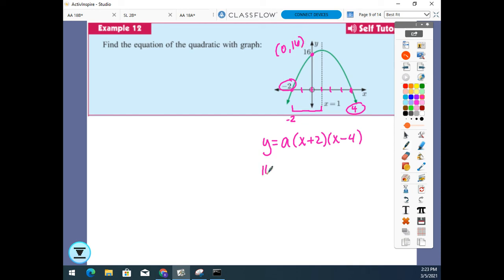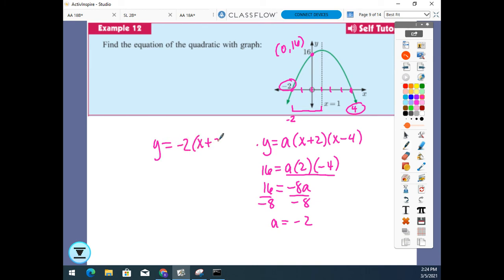Okay, so 16 equals a times 0 plus 2, which is 2, times 0 minus 4, which is -4. So now I multiply my right side, I get -8a, divided by -8. And a is -2. So then I can come back up here and rewrite my equation with everything included.